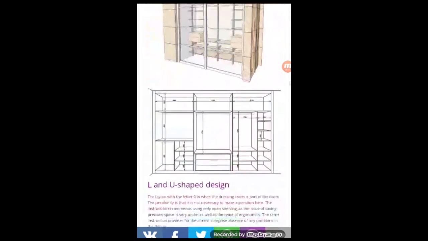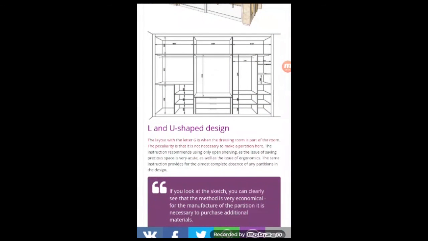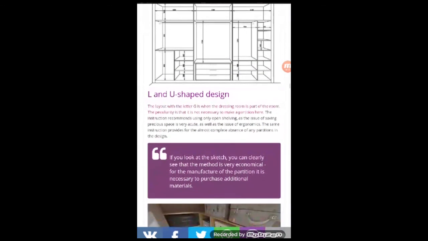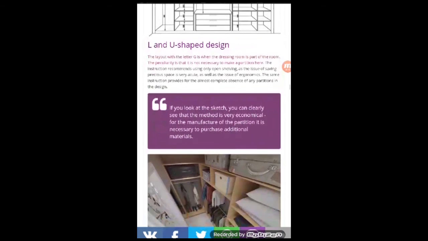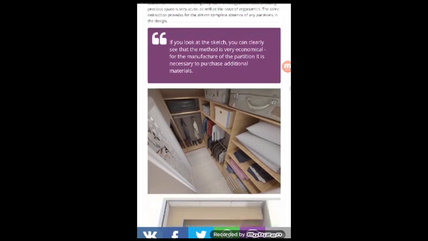Then L and U-shaped design. If you look at the sketch, you can clearly see that the methods are very economical for the manufacture of the wardrobes. It is not necessary to purchase additional materials.